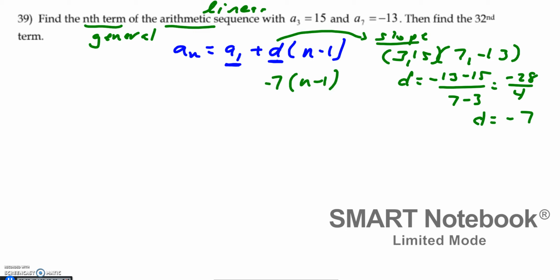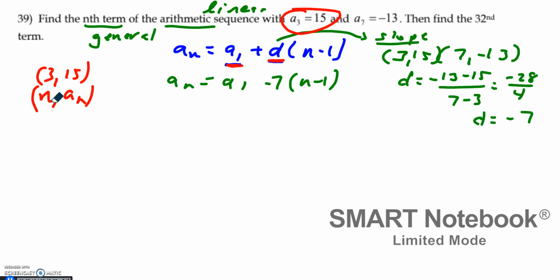I also need to find my first term, because the two most important things, again, are the common difference and the first term. If I'm given these 2 points originally, I can use one of these 2 points to help me find a sub 1. If I think about the point 3, 15, what that really means is my input value n is 3, and my output value a sub n is 15.